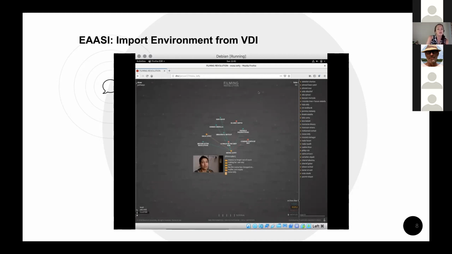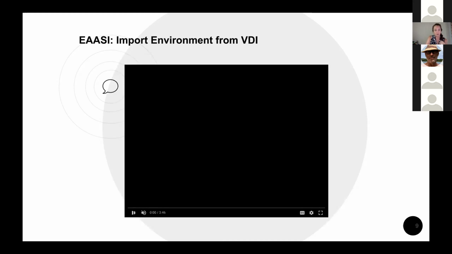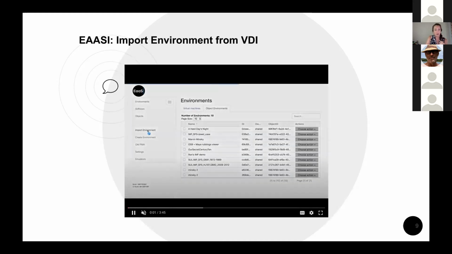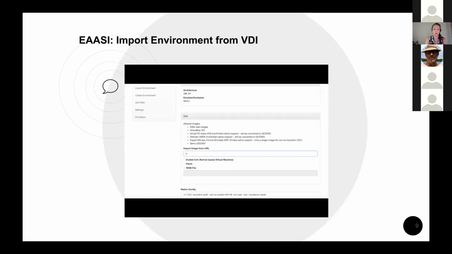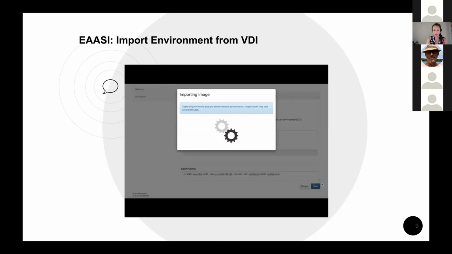All right. So once this was created in the VirtualBox environment, I could import it into EaaSI. And this is just a screencast of me doing that. There are some configuration settings to tweak. A long wait, that's sped up times 20, actually, in the screencast. So it takes a while to load, of course.